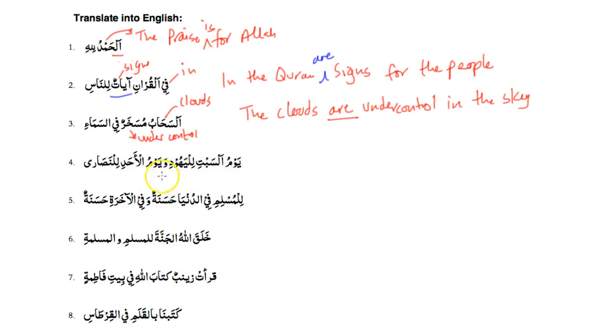Yawmu sabti lil Yahudi. Okay, so Yawmu sabti, remember this. All of that is an of rule there. So, Yawm is the mubtada, and lil Yahud would be considered to be the other part, the khabar. So, Yawmu sabt is basically Saturday, and Yawmul Ahad is Sunday. And Yahud is Jews and Nasara is Christians.